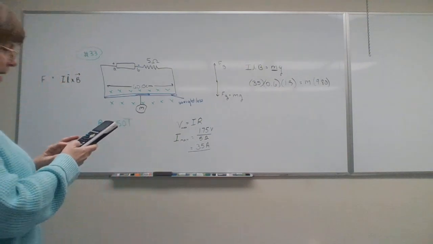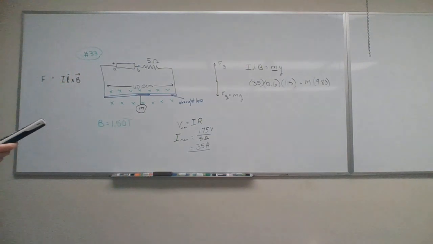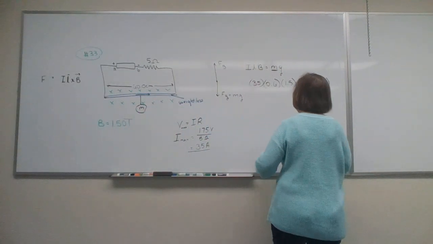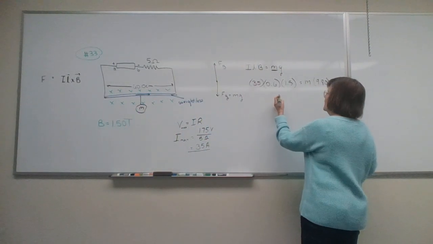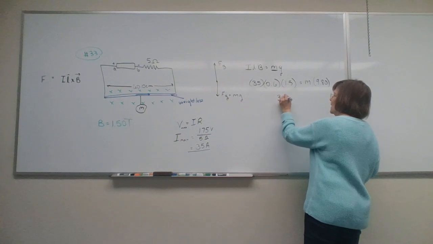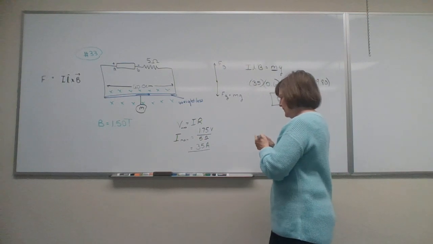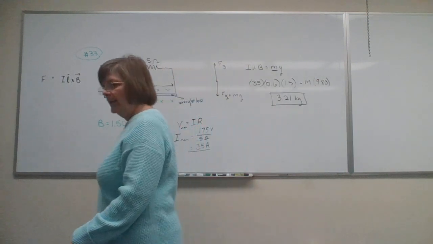So 35 times 0.6 times 1.5, divided by 9.80, and that's 3.21 kilograms. That's actually pretty big. Of course, that is a large current, and that's a strong magnetic field. So we've got some pretty big numbers in there.